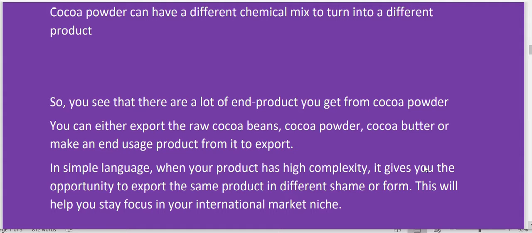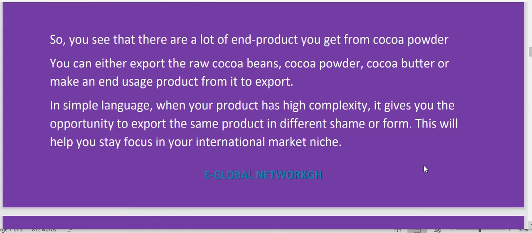So in simple language, when your product has high complexity, it gives you the opportunity to export the same product in different shapes or forms. This will help you stay focused in your international market niche.